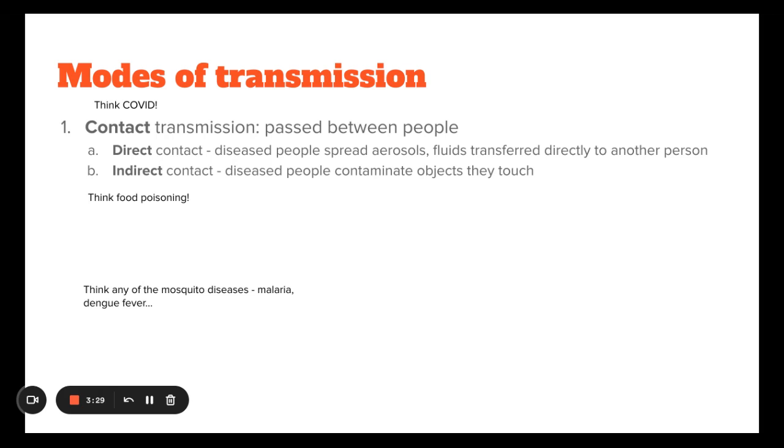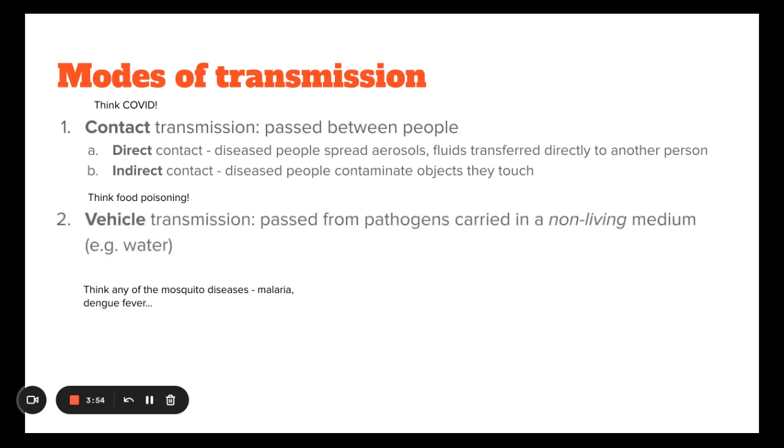Well, you don't know what you have just touched, right? So if you can sanitize your hands, then it means that you have stopped the indirect contact, right? And that is why you would have cleaners sanitizing your school's most commonly used door handles everywhere. Right? It's part of the COVID protocol. So contact transmission is passed between diseased individuals. Think COVID.